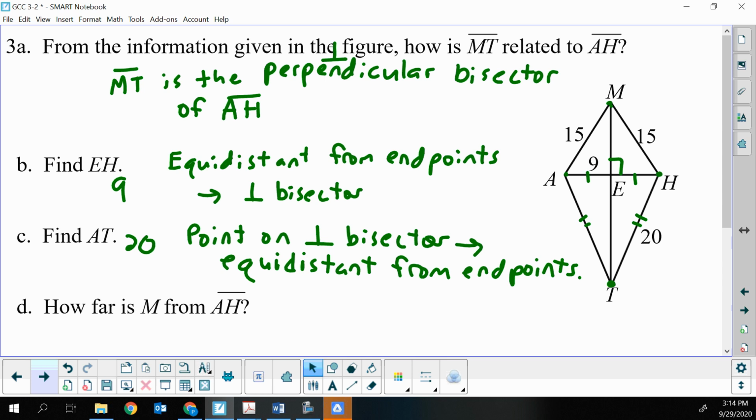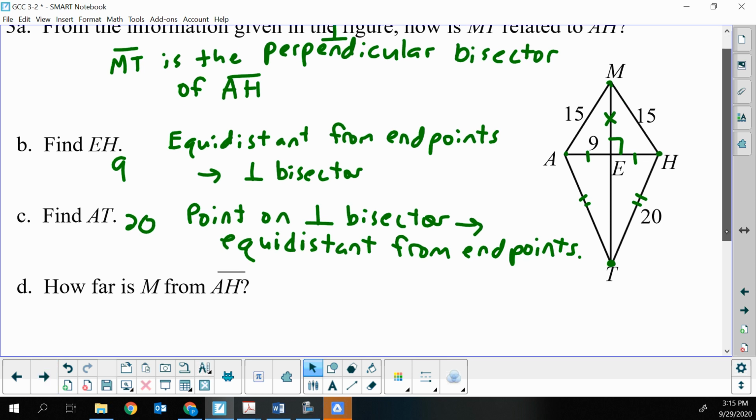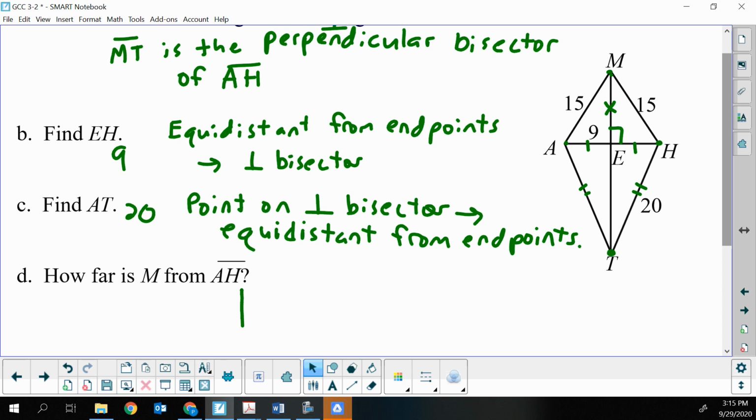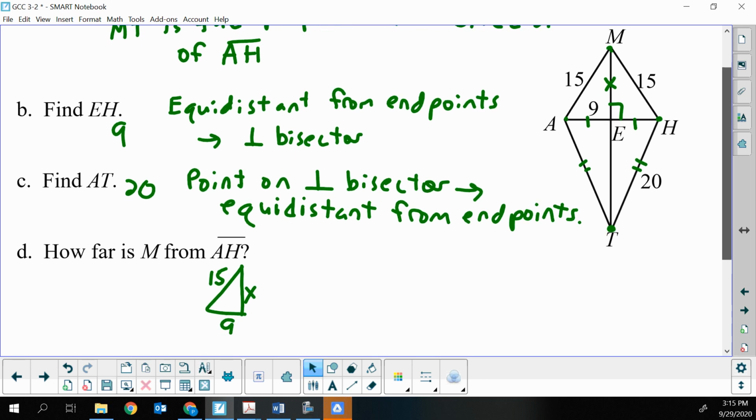And how far is M away from AH? Well, remember, we need to measure at a perpendicular distance, so we basically need to find this distance here. Well, because it's a right triangle, we can just do a little Pythagorean theorem. We can do x squared plus 9 squared equals 15 squared.